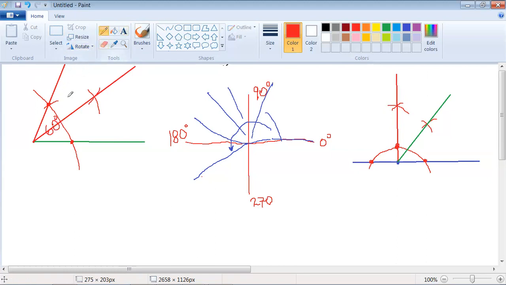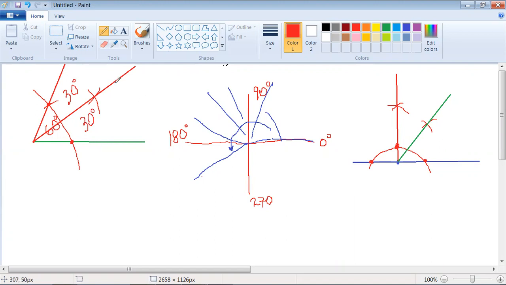We have a 30 degree in here. And we have a 30 in this other section here. That's how we divide a 60-degree angle in 30 and 30, two equal parts.